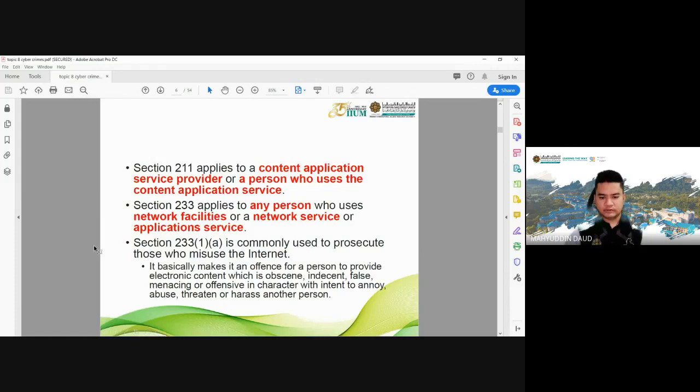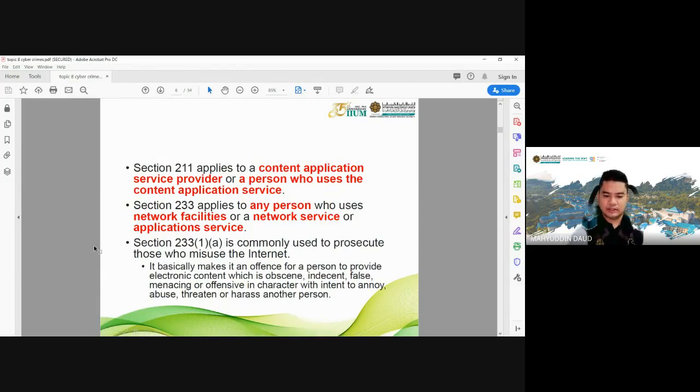So it makes it an offense for a person to provide electronic content which is obscene, indecent, false, menacing, or offensive in character, with the intent to annoy, abuse, threaten, or harass another person. You can see that the kind of language used is pretty broad, it can capture as long as you are publishing anything prohibited, and you do this with intent to annoy, abuse, threaten, or harass another person.